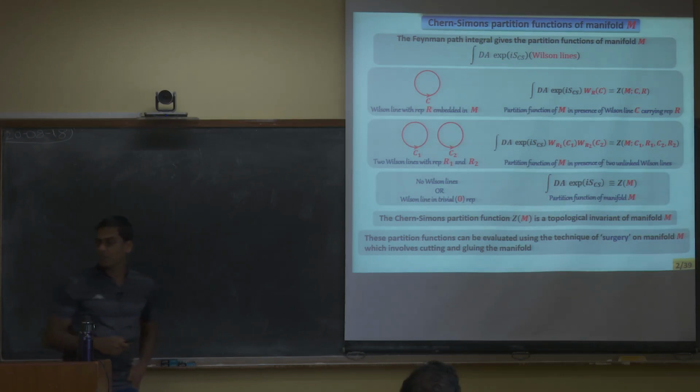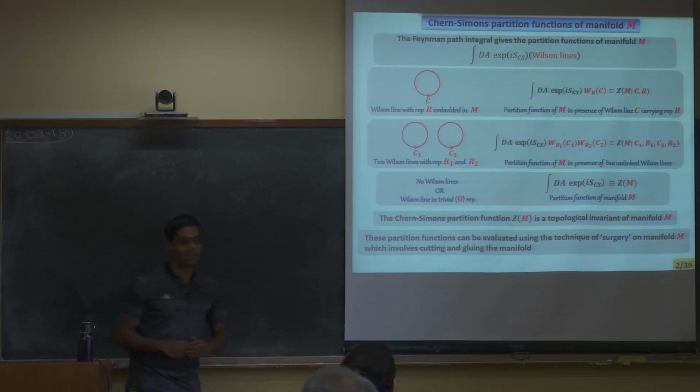One can compute the Chern-Simons partition function, or in other words, the expectation value of the Wilson lines, using this integral, where the integral is over all the gauge connections modulo the gauge transformation.